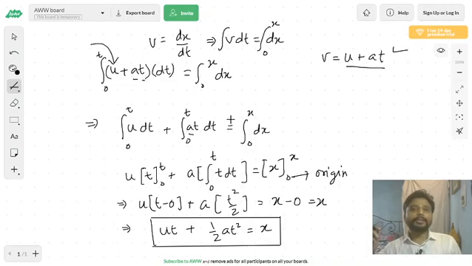Now let us look at the terms of this expression. u is the initial velocity, t is the time after which the motion has started, plus half, a is the acceleration, t is the time after which we are judging the motion after the start of the motion, and x is displacement.